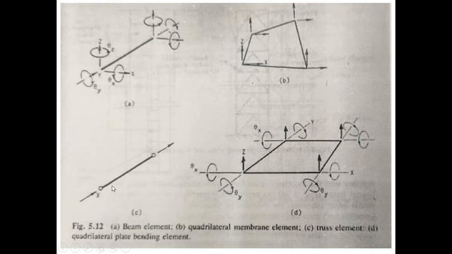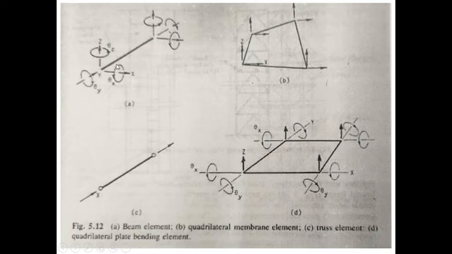Here it will be a single axial degree of freedom, and for this quadrilateral plate there will be two rotations and one translation. So these are the degrees of freedom. For the three-dimensional frame and wall structure, the beams and the columns will be modeled as three-dimensional beam elements.